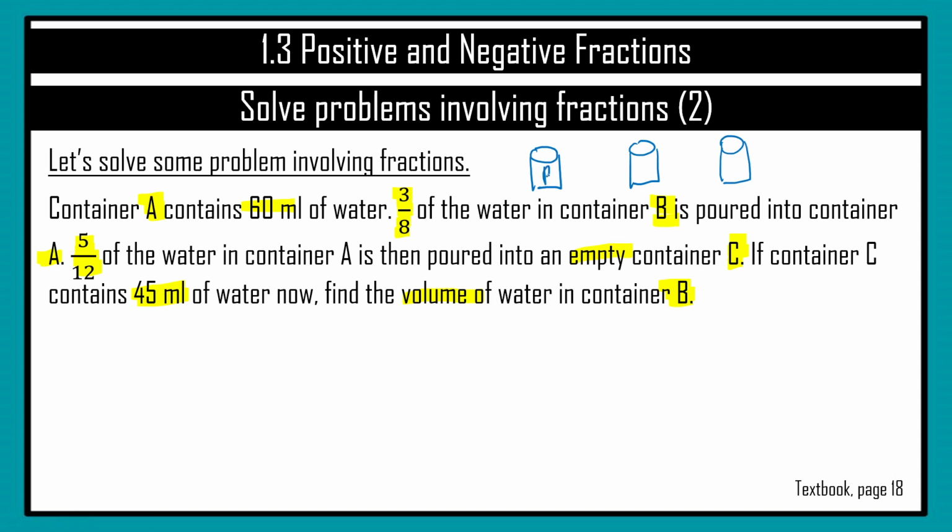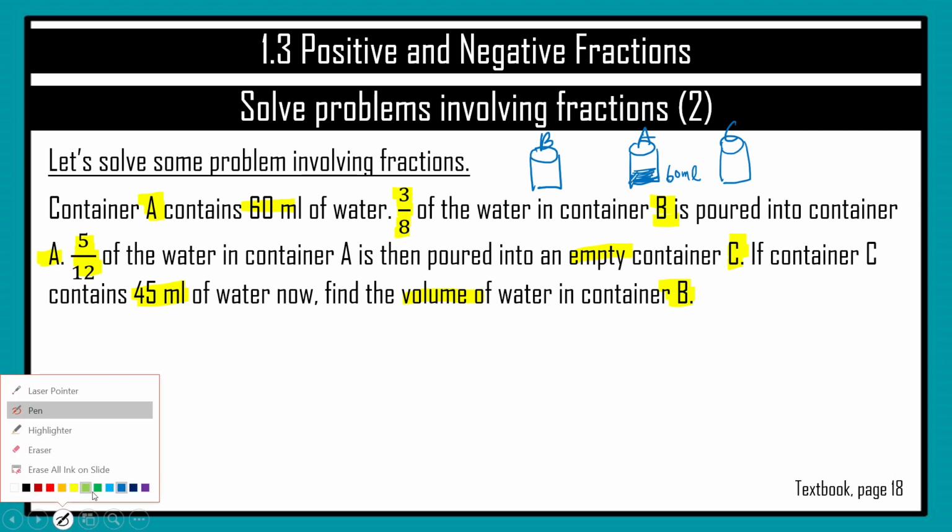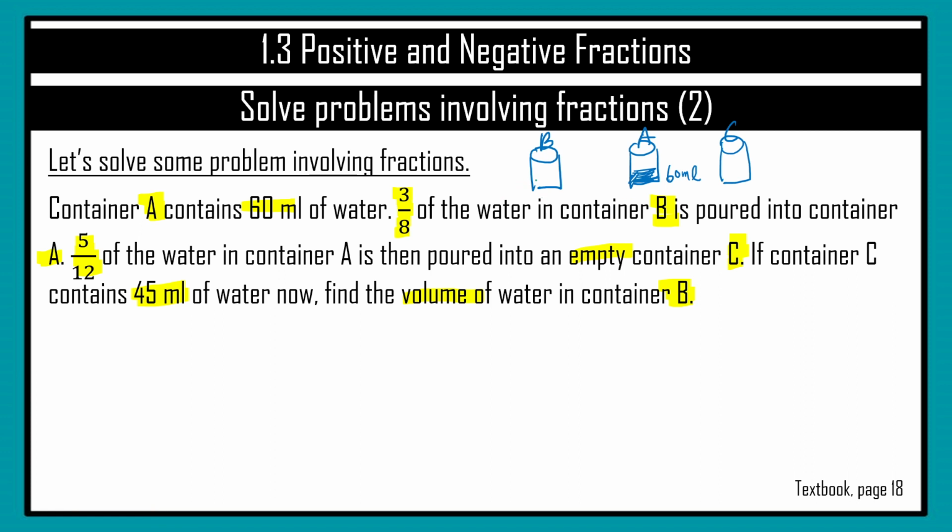So let's say this is B, A, and C. Okay, so inside here is actually already have 60 ml of water. And then let's say this is 3/8 of water in container B is poured into container A. So this much is poured.